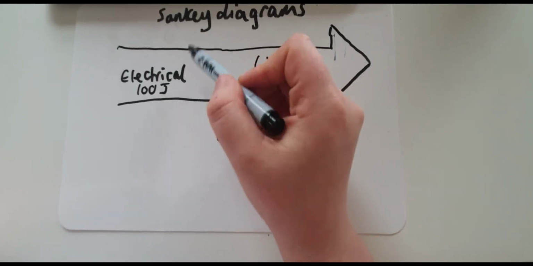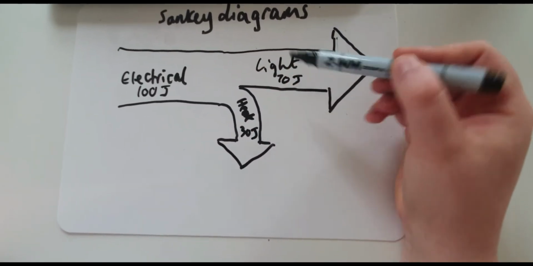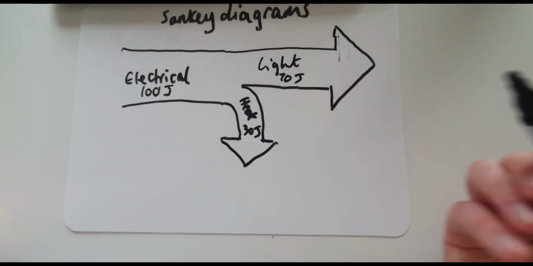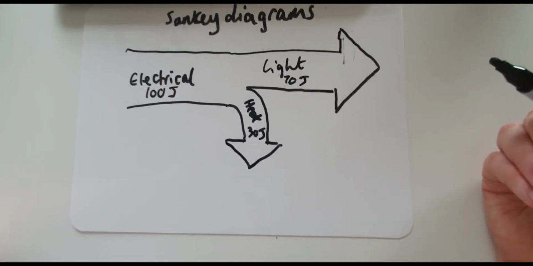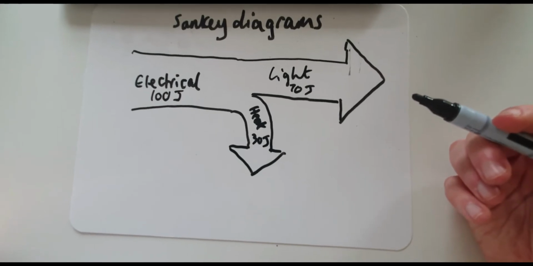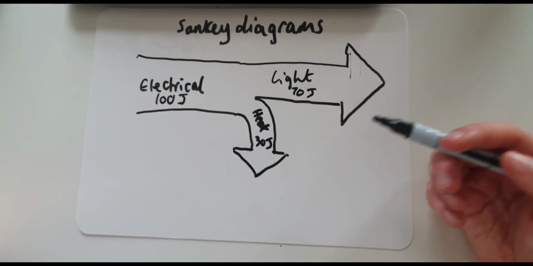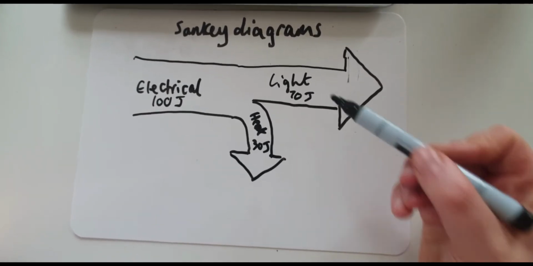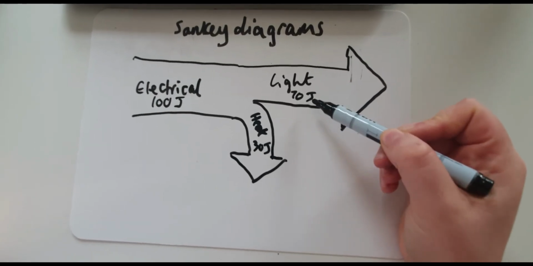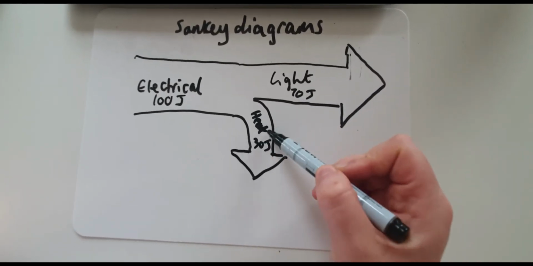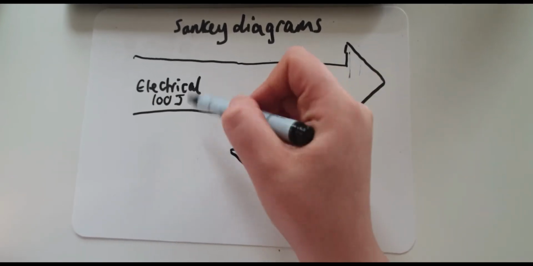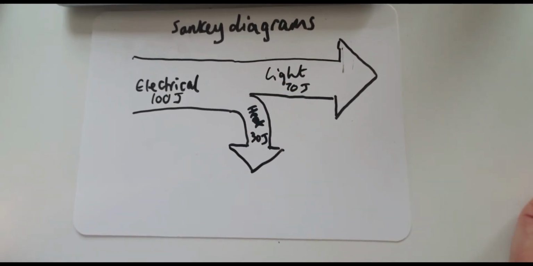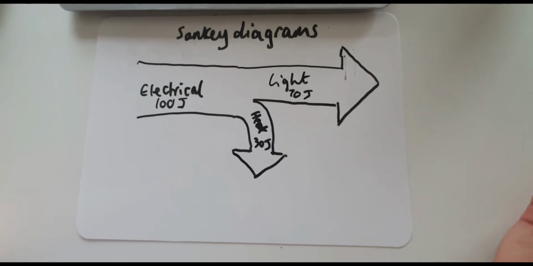Then if this was 10 squares thick, this would need to be 7 and this would need to be 3. I can't suddenly have produced more energy because of the law of conservation of energy. Energy cannot be created or destroyed, it can only be transferred from one type to another. So I need the same total amount of thickness here as I would over here. So I hope that makes sense.